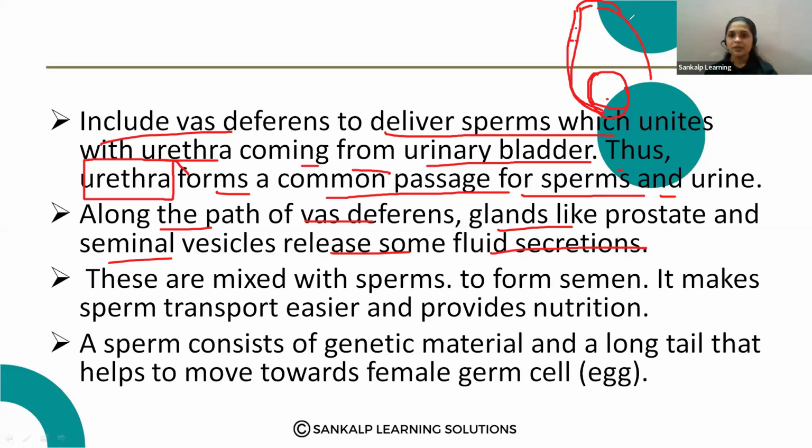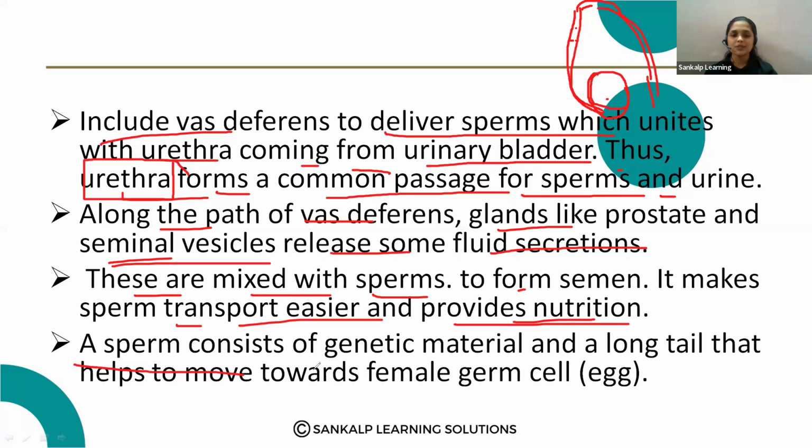After that they reach the urethra, the common passage for the sperms and urine. Very important: the urethra is the common passage for the sperms and urine. These secretions mix with sperms and form semen, which makes sperm transport easier and provides nutrition. The secretions from the seminal vesicle and prostate gland provide the nutrition for the sperms and help in easier transport of the sperm.